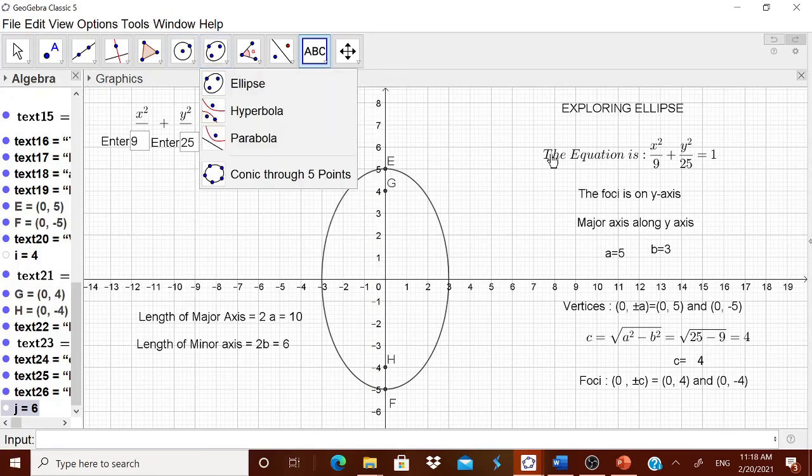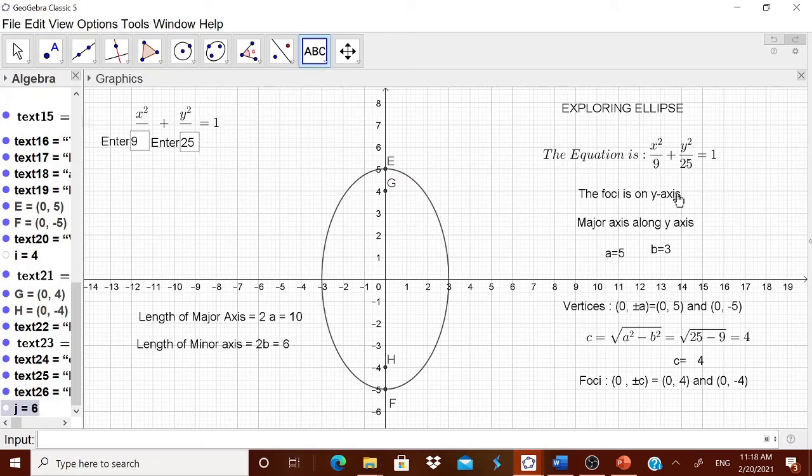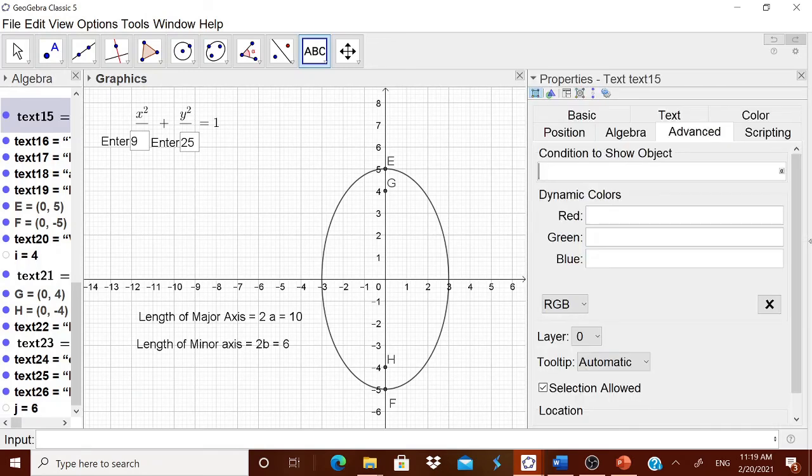Now, in all these cases, remember that this should happen only when A is less than B. Therefore, go to the object properties, and in that you type A is less than B. But this is only known to you. I will just copy it.